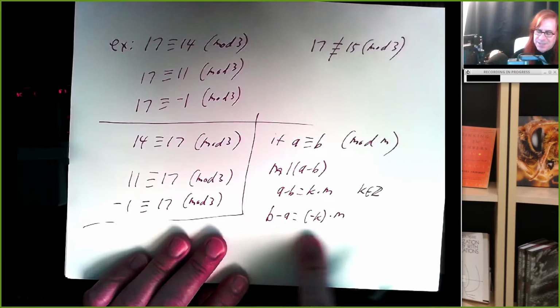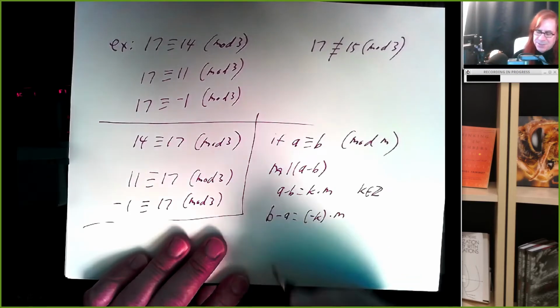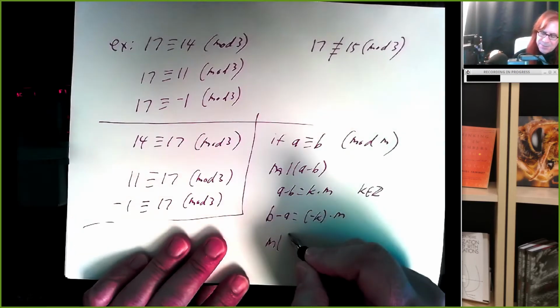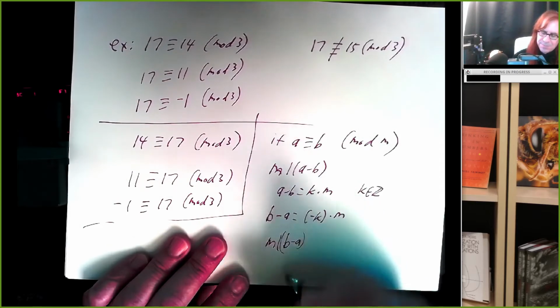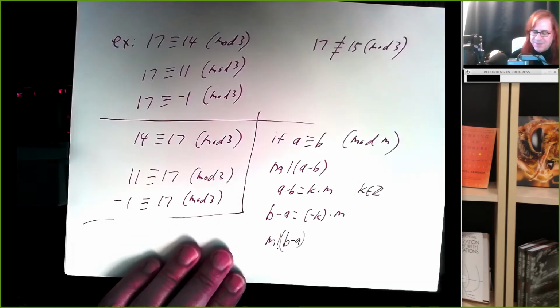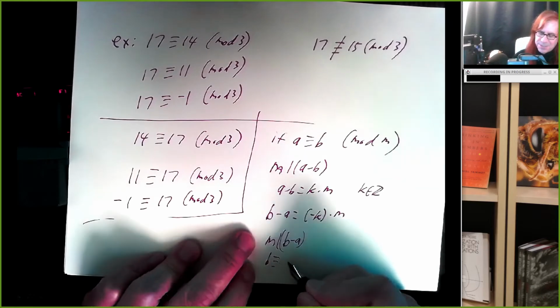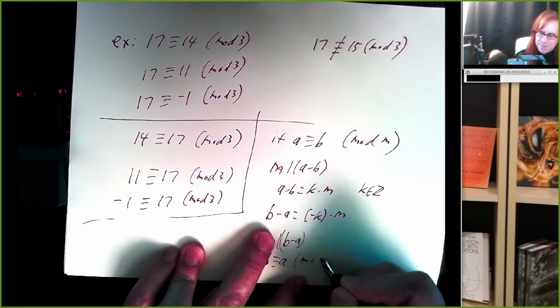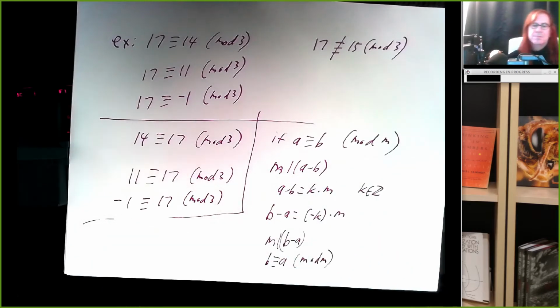And since b minus a is m times some integer, we can say m divides b minus a. And if m divides b minus a, that means b is congruent to a modulo m. So this congruence business is commutative.